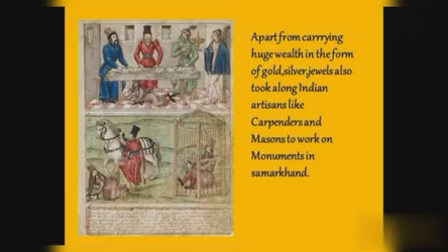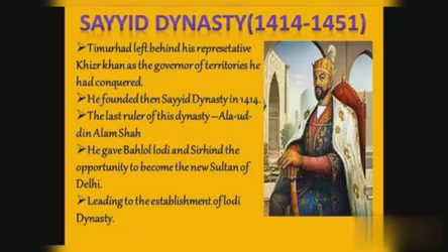Let's see the Sayyid dynasty, from 1414 to 1451. Before leaving Delhi, Timur had appointed his representative Khizr Khan as the governor of the territories conquered by him. He founded the Sayyid dynasty in 1414, which lasted till 1451.